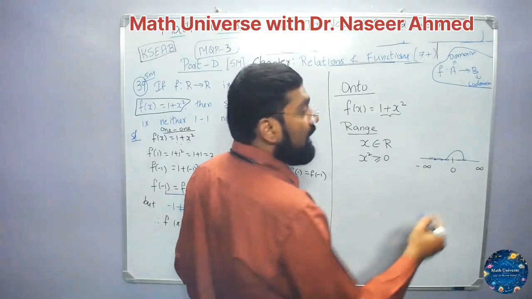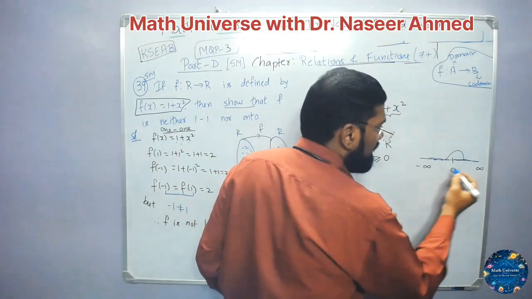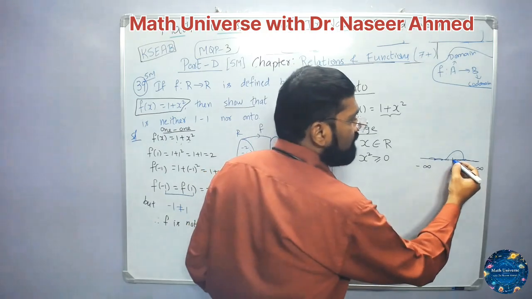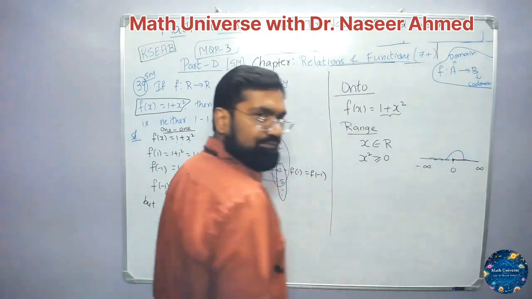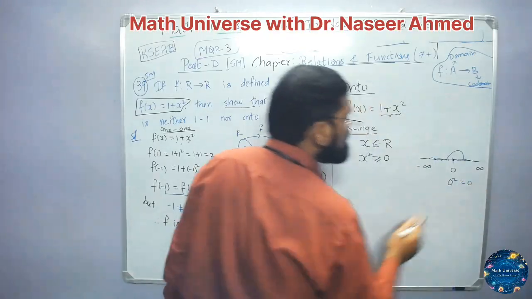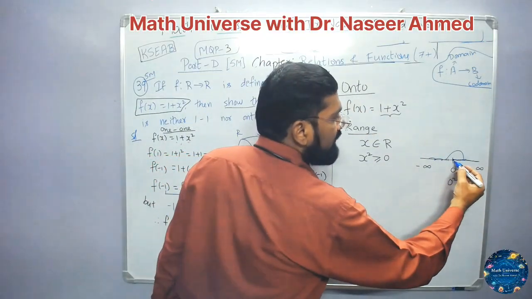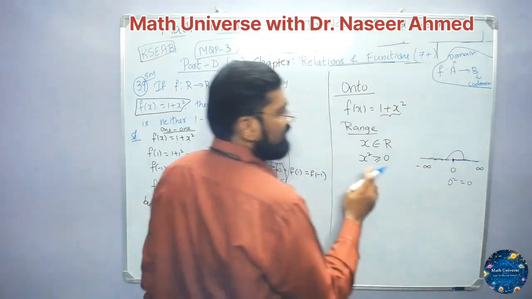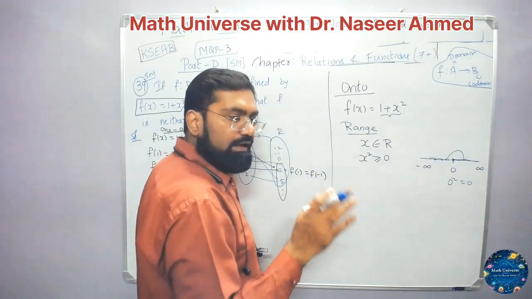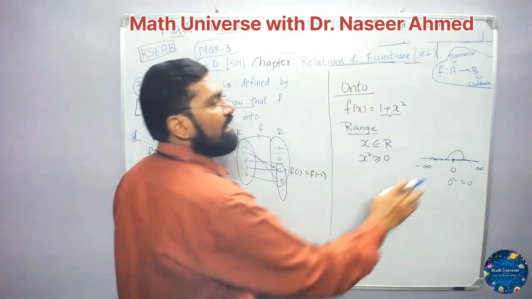So it will be positive. Don't forget, 0 square is still 0 only. So it is starting from 0 and moving on. That's what x square being non-negative means: positive including 0, other than negative.